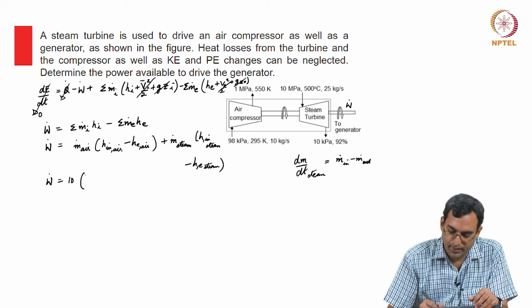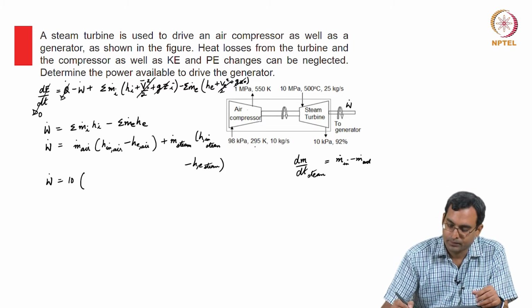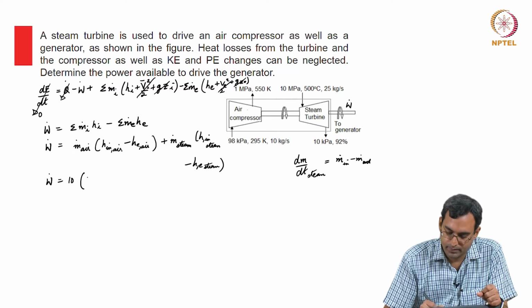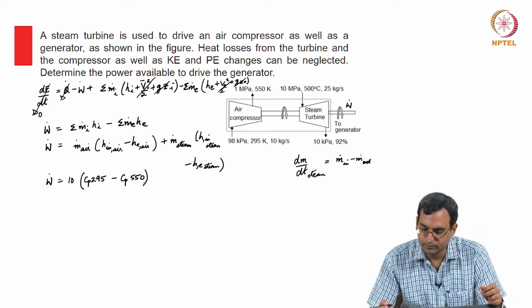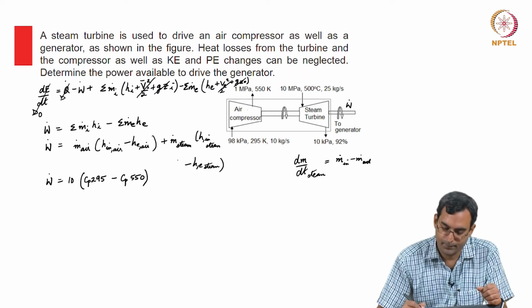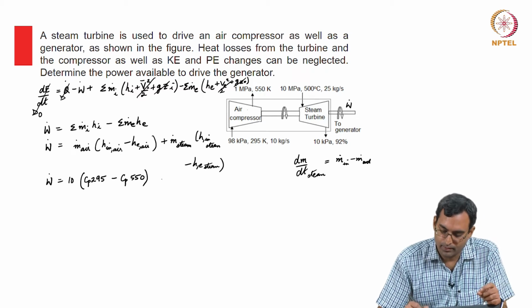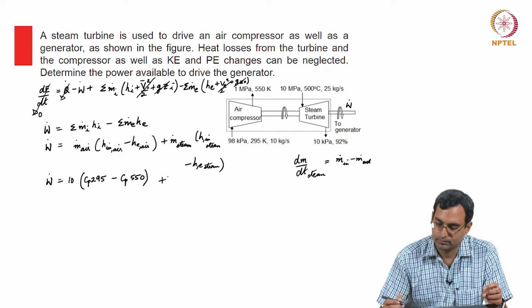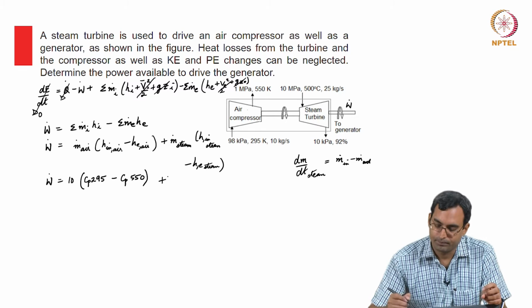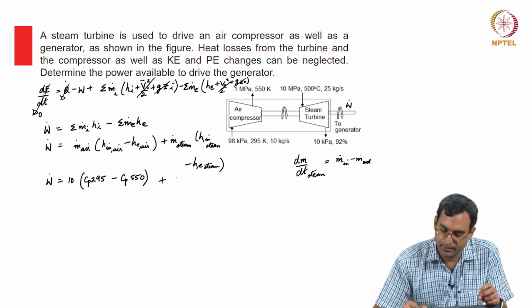So, enthalpy of air would be Cp times the temperature. So, at the inlet it is Cp times 295, at the exit it is Cp times 550. And for the steam, the m dot is 25 kg per second.